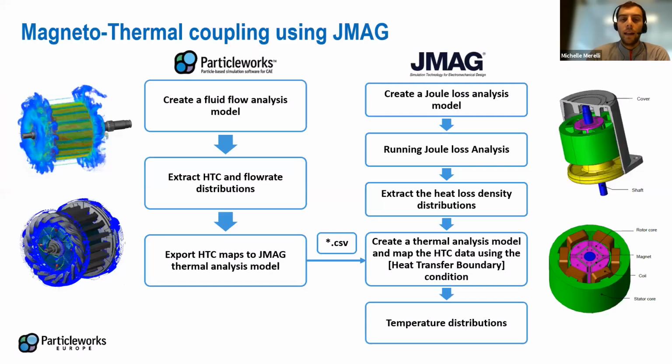After that, we are basically at the end of this workflow, because we were able to extract the HTC for every surface. We needed to transfer the CSV file to JMAG, which was already prepared with the Emotor joule losses analysis. In this way, at the end, we can perform the thermal analysis and obtain the temperature distributions.